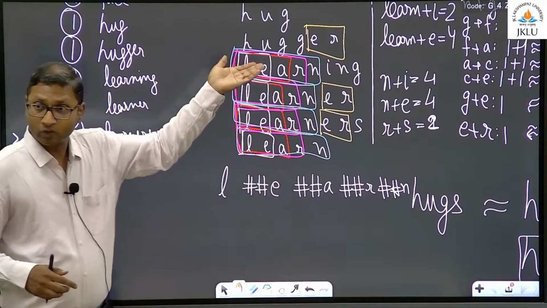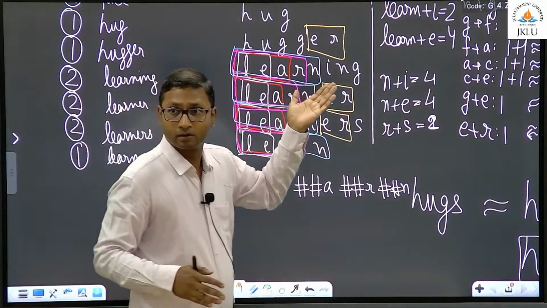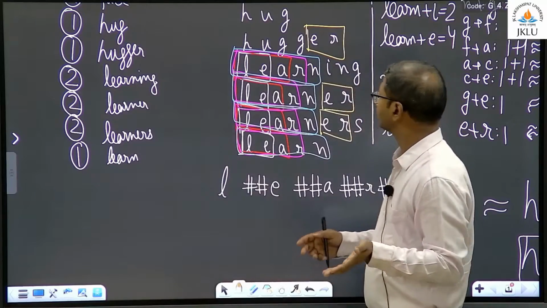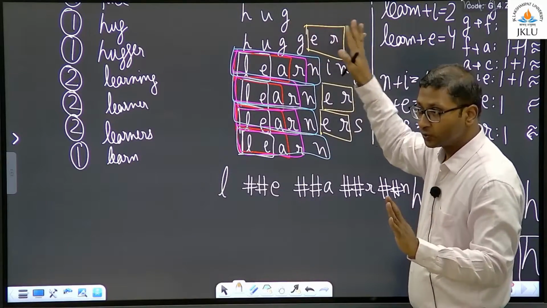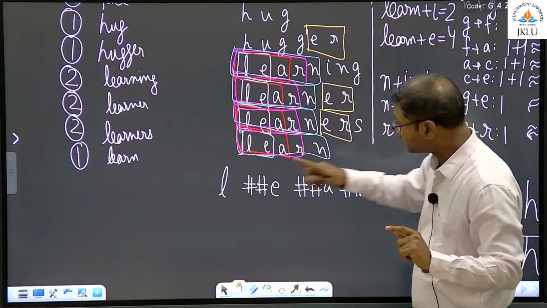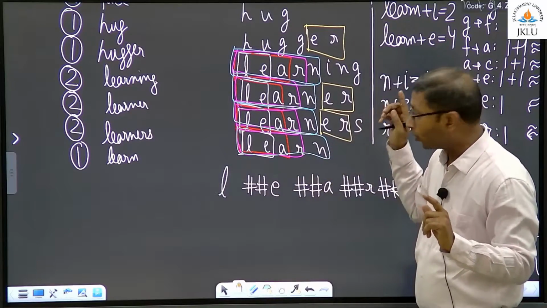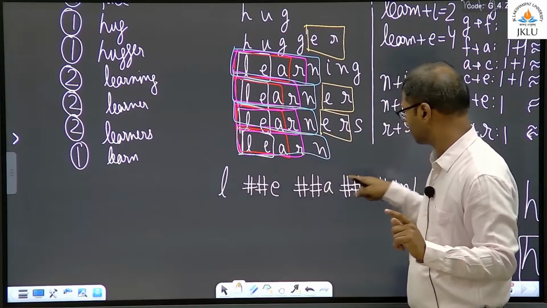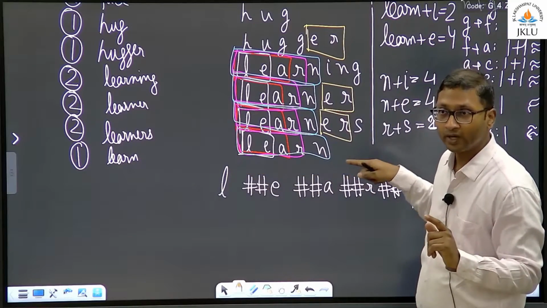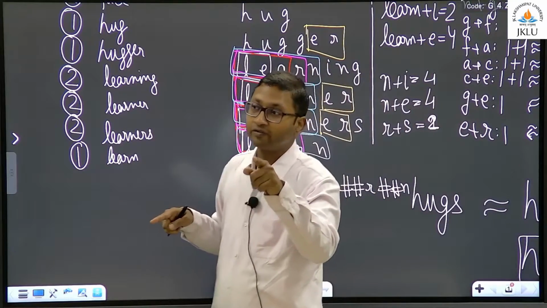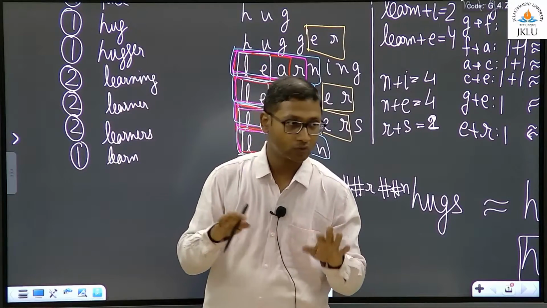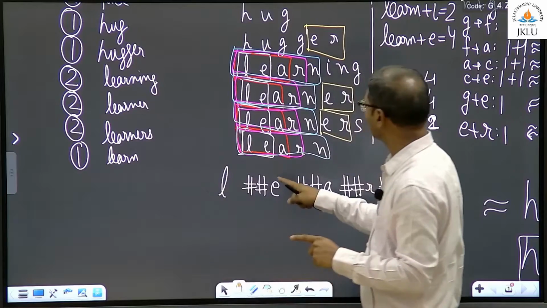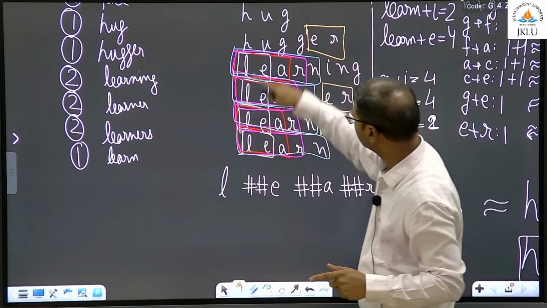What was our initial vocabulary for BPE? All these unique characters. Same here, but all these unique things. Okay. L is different from hash hash L.